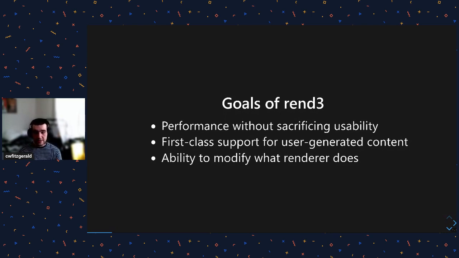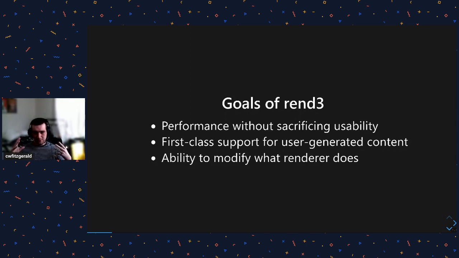We want first-class support for user-generated content. This is actually really the inciting incident that caused me to want to make Rend3, is that I was making a game, and I wanted to use Unity, but all of the content, all of it, was actually provided by the users, because the game was essentially just a container to run mods.